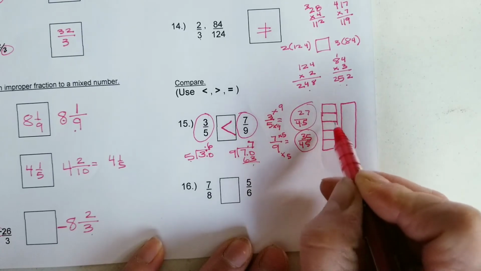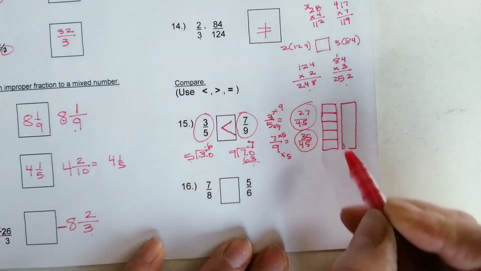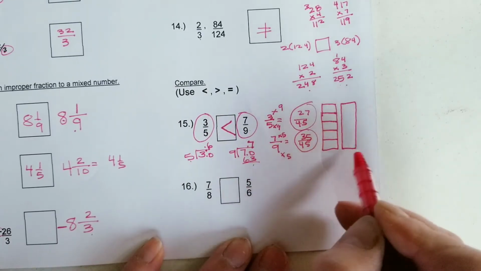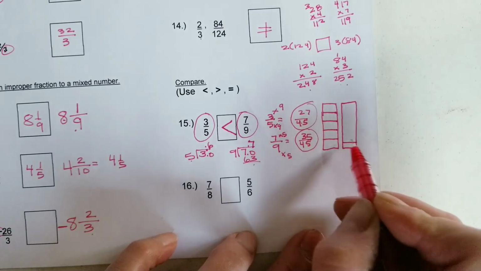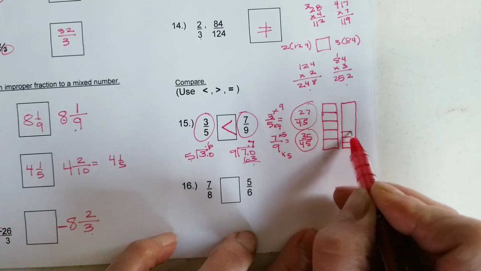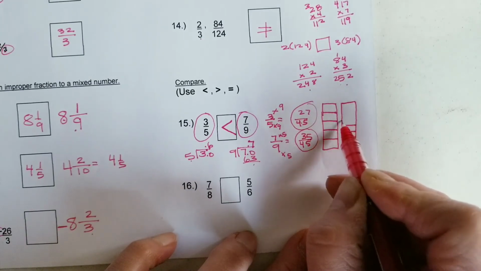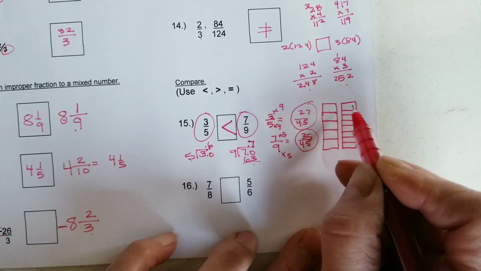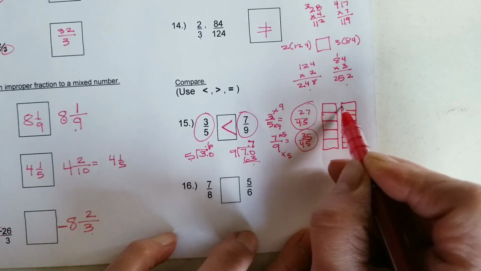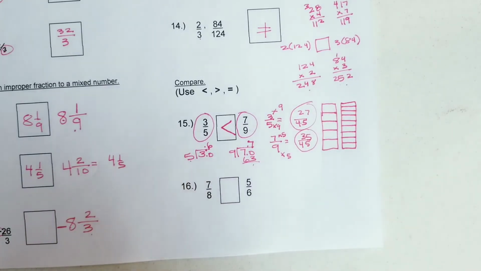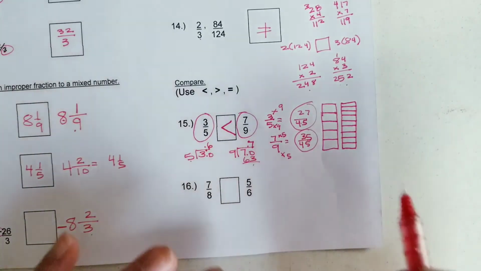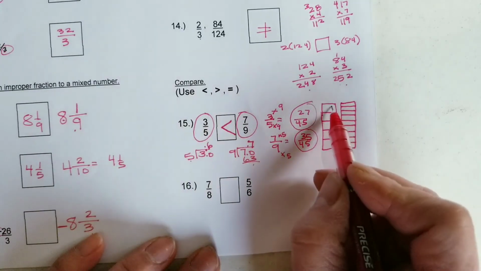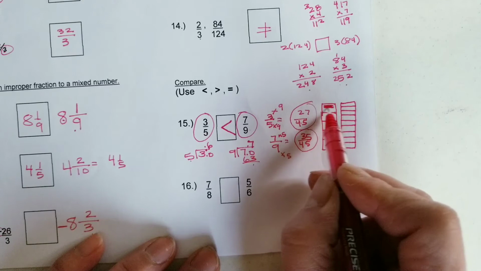So 1, 2, 3, 4, 5 in the denominator spot 5. And this one will have 9 spaces, we'll call them. I wish I would have made them a little bigger, but anyway, now we'll fill in 3/5.